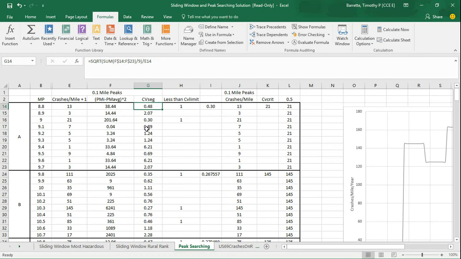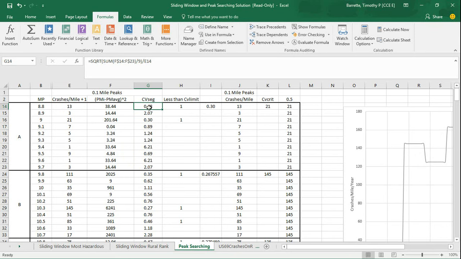So when we look at cell G14, where we're looking at essentially our variance equation, and then we're taking the square root and dividing by the performance measure for the specific subsection that we're looking at.